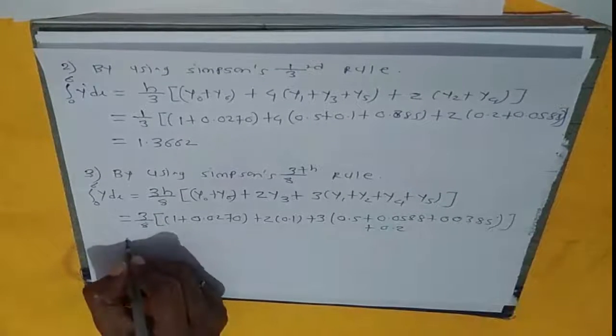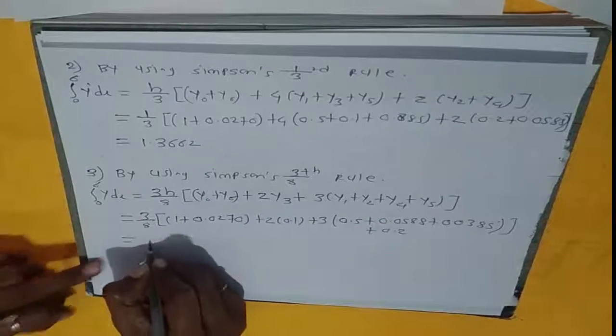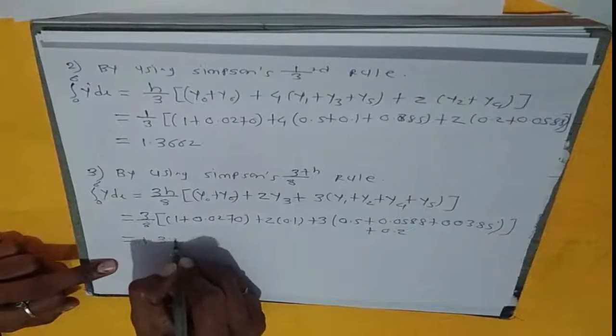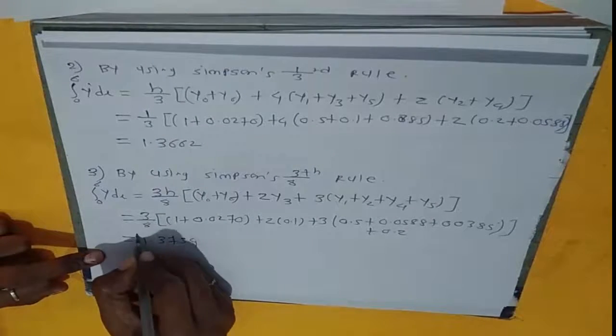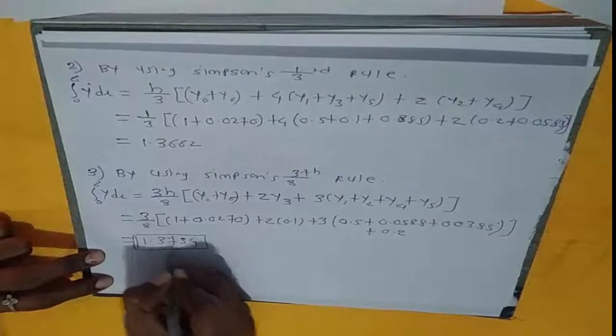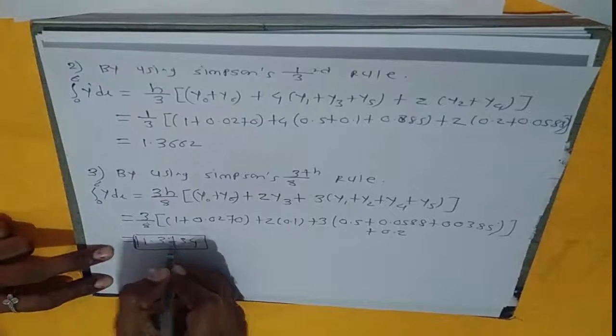Bracket complete, and after this calculation we get the value 1.3734. So using the 3 by 8 rule this is the value of the integral.